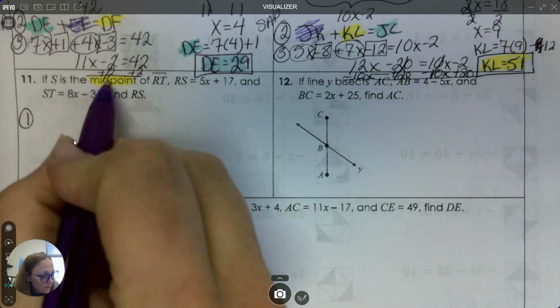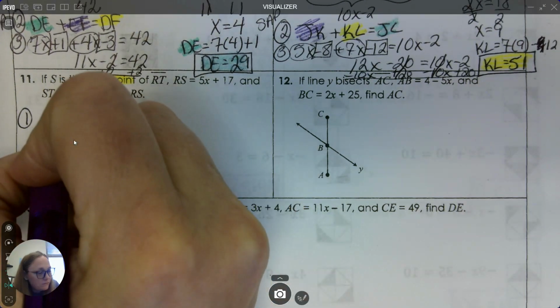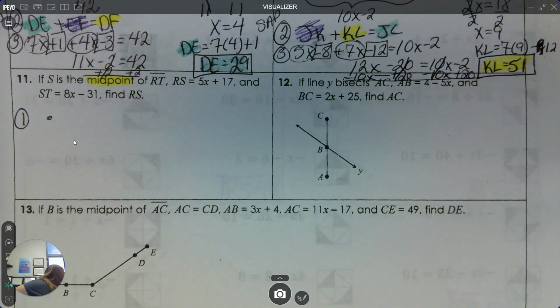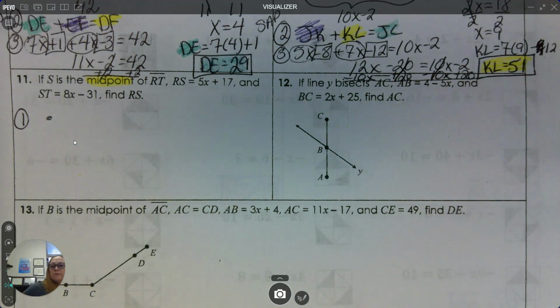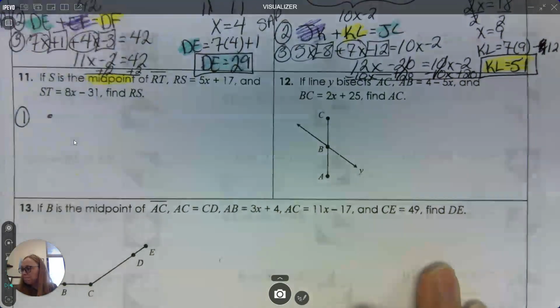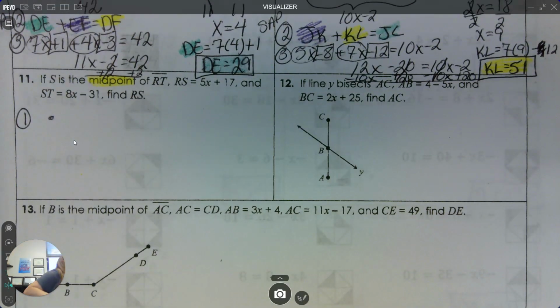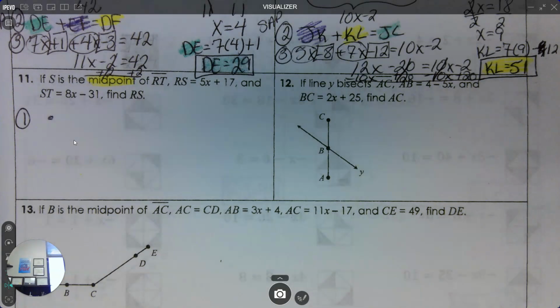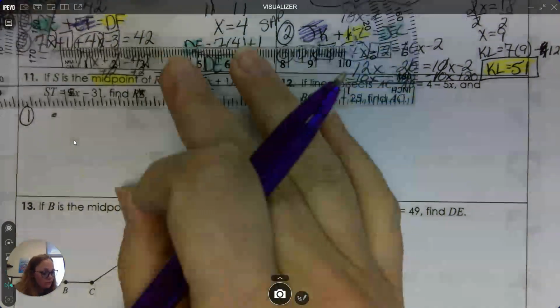So if S is the midpoint of segment RT, let me get my protractor here. Sorry, on a straight line.